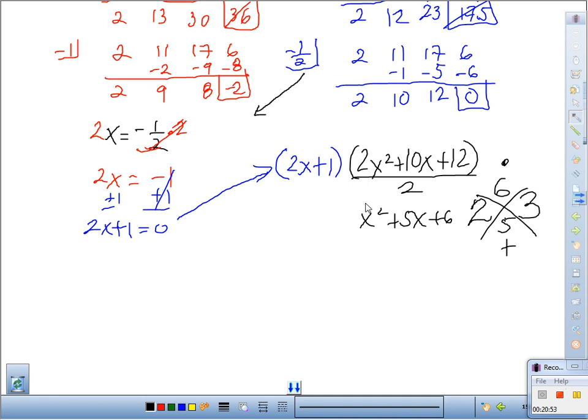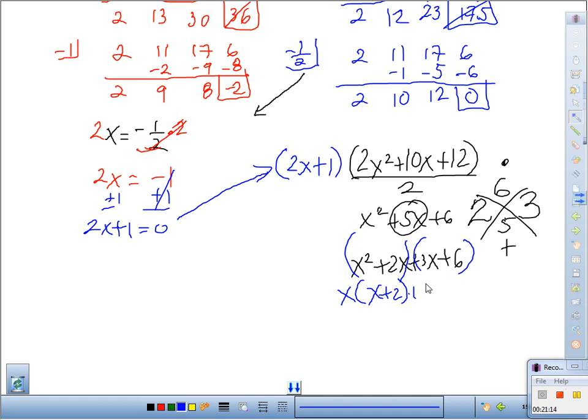So we rewrite this. So this is x squared. Instead of 5x, we write 2x plus 3x. Bring down the 6. Group. GCF is x. We're left with x plus 2. GCF is 3. We're left with x plus 2.